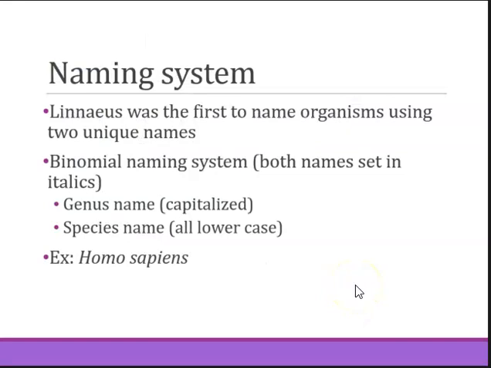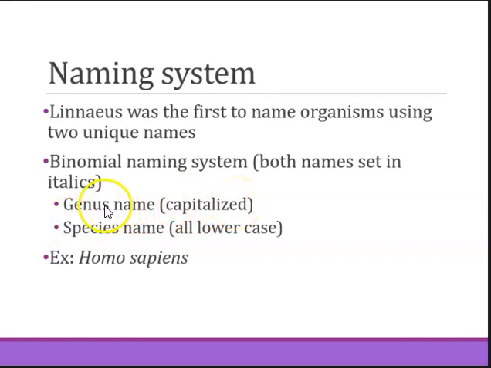Now, Linnaeus also created the naming system for organisms. He was the first to name organisms using 2 unique names. This is known as the binomial naming system. When we print these 2 names, both names have to be set in italics. The first part of this binomial naming system is the genus name, and the genus name is capitalized.